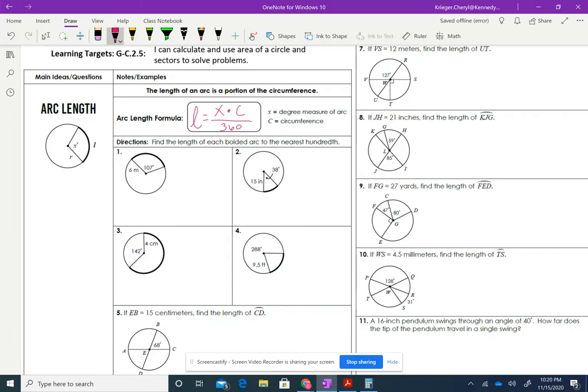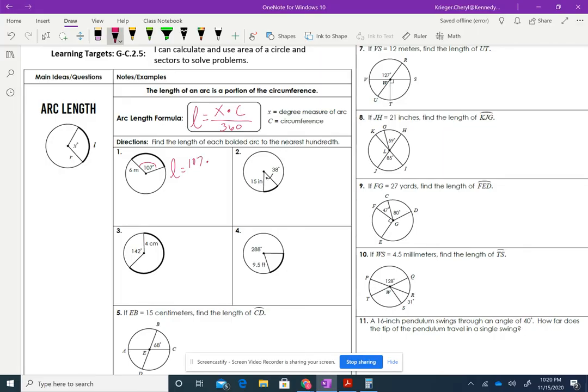Okay, and we'll just go ahead and start applying it because I don't want this video to be too long. The directions are to find the length of each bolded arc to the nearest hundredth. So arc length equals the degree measure of the arc, which is 107, times the circumference.